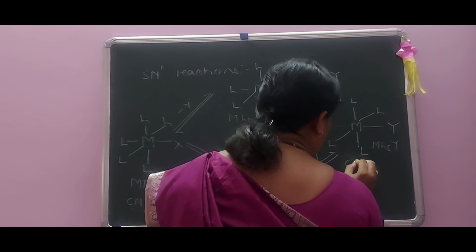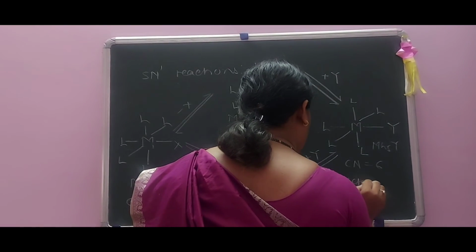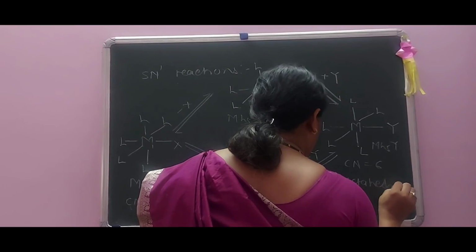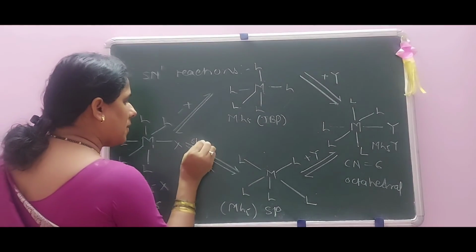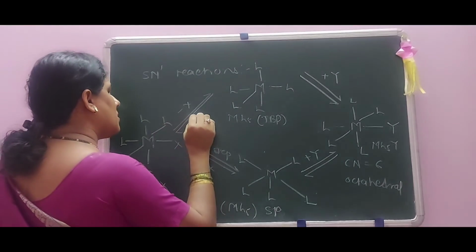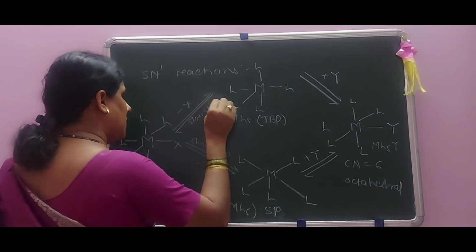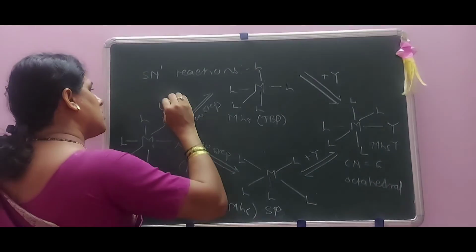Thus this has a coordination number of 6, that is octahedral. This is minus X, a slow step, the RDS, the rate determining step. Here also RDS.